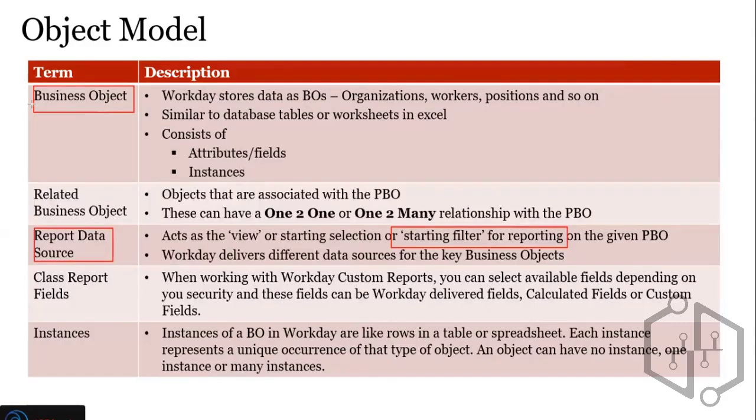Okay, now we have already spoken about fields, right? We already know that a business object is a collection of attributes or fields. In Workday terms, they are known as CRFs or class report fields.